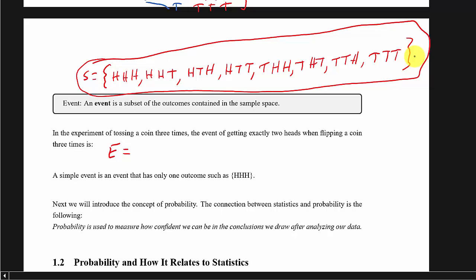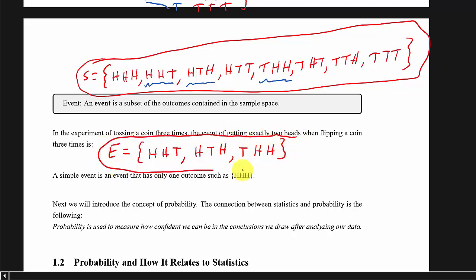So what do I want? I want exactly 2 heads. There's one with exactly 2 heads. There's one with exactly 2 heads. And there's one with exactly 2 heads. So this event is HHT, HTH, and THH.